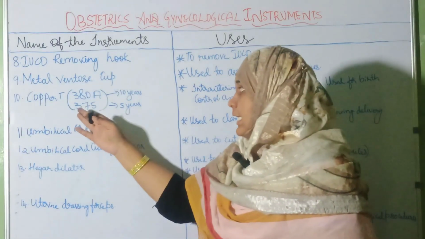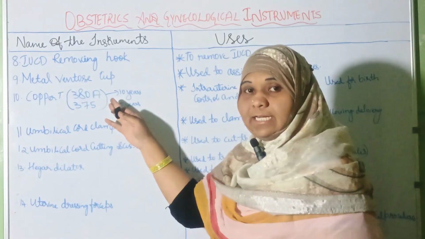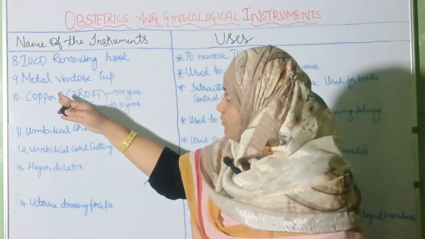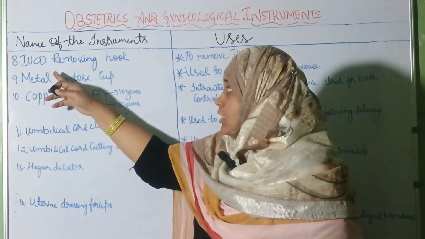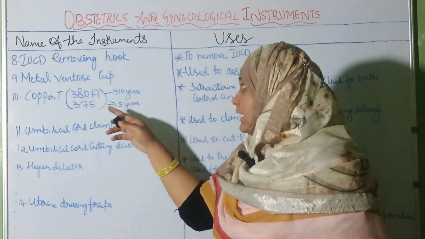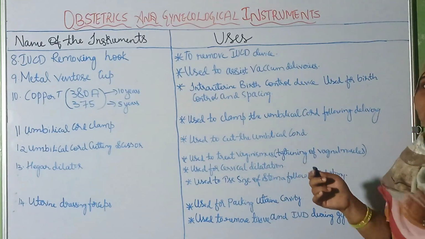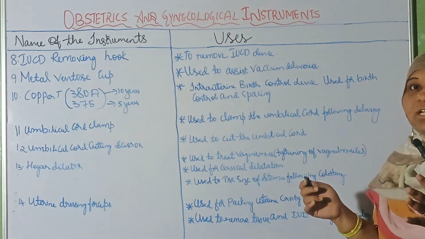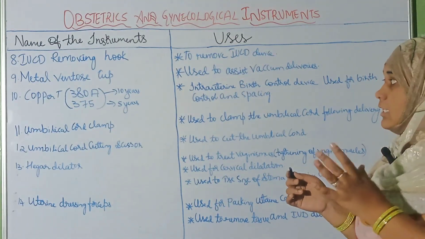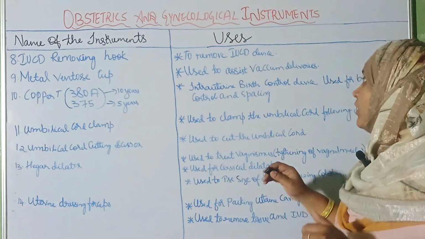Next is the copper T. There are two types, 380A and 375. The copper T is a type of intrauterine contraceptive device. 380A is used for 10 years and 375 is used for 5 years. It means that once it has been inserted into the uterine cavity, it can stay for up to 10 years for 380A and up to 5 years for 375.